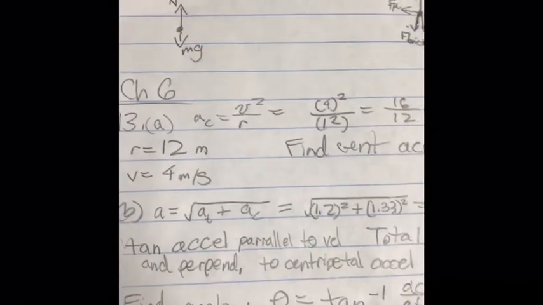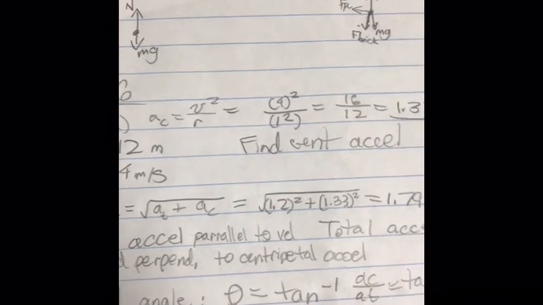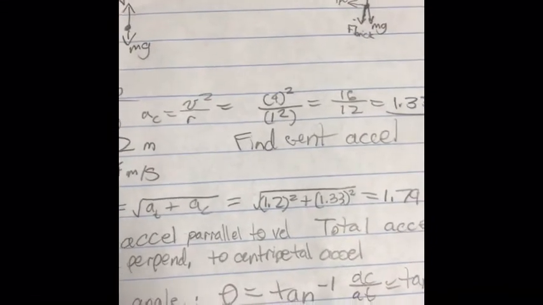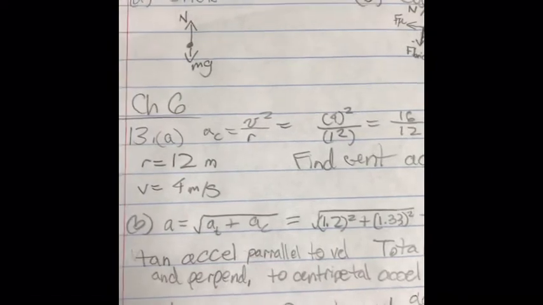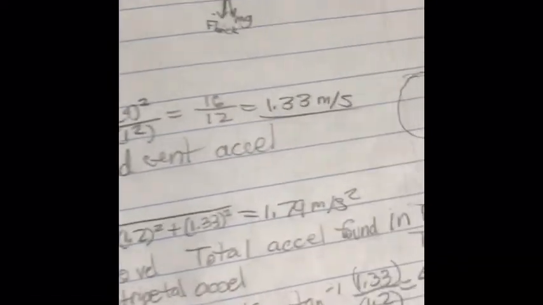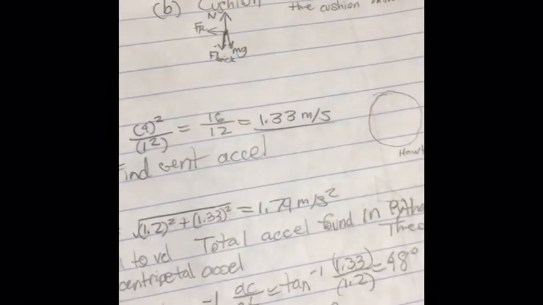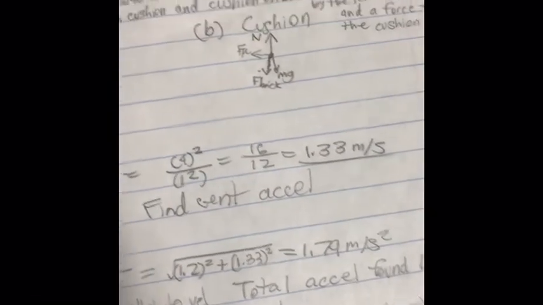We're given the tangential, so I plugged that in, and I plugged in the centripetal too, squared them both, and got 1.79 meters per second squared for B.